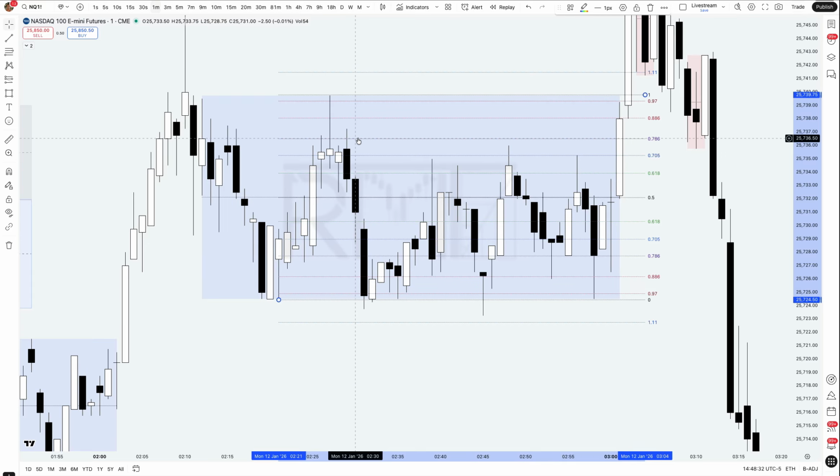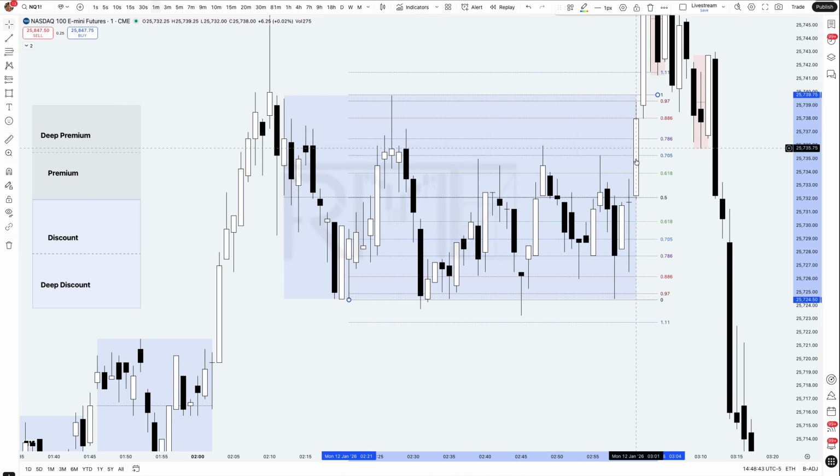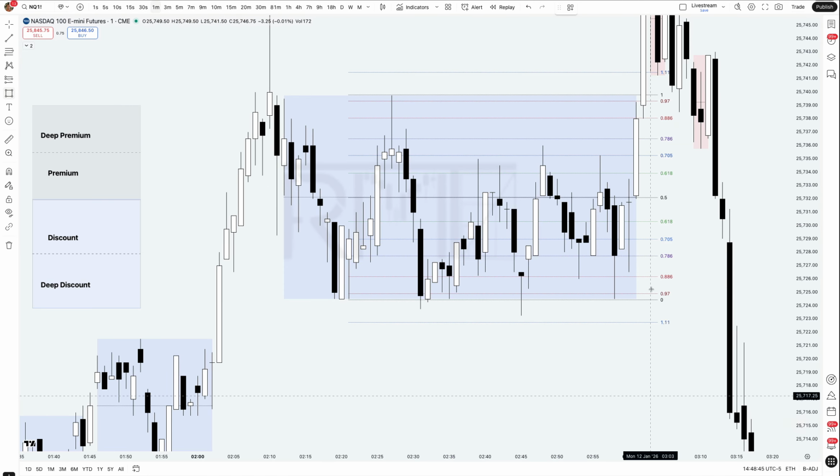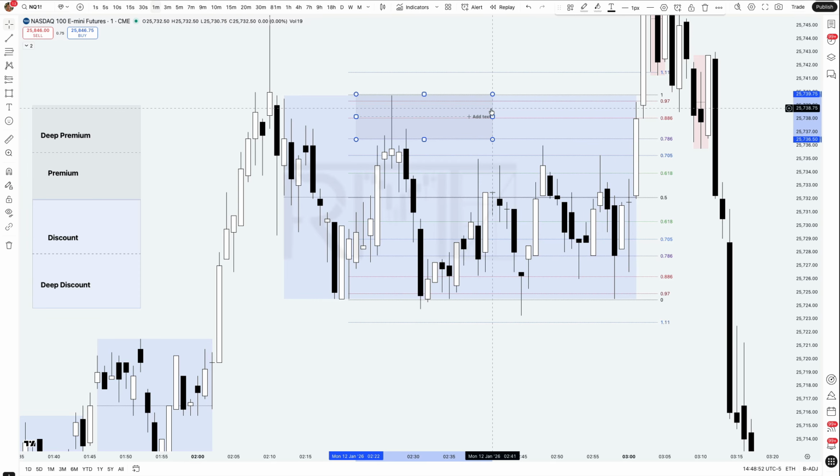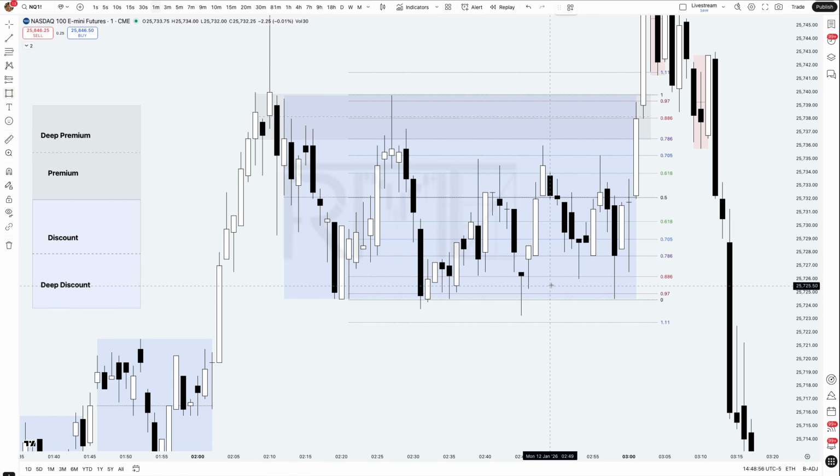But if you want to trade consolidation, or if you get stuck in one and want to get out, you sell above, in the deep premium, so 75% above. Looking at these levels, I just want to sell from 0.76 to the 1. That's my level. And I just buy on the same level to the downside. So from 0.76 to the low, that's my buying zone.